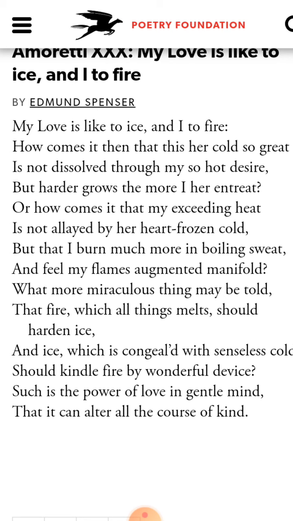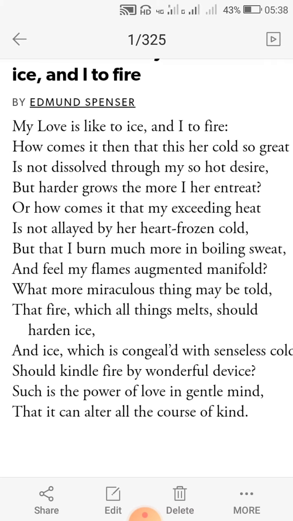But the poet says that the coldness of his wife does not allay, does not lessen his love. But harder grows the more I her entreat.